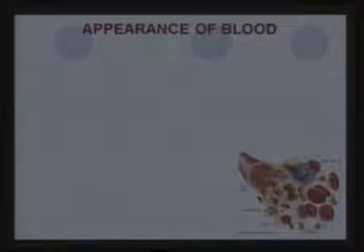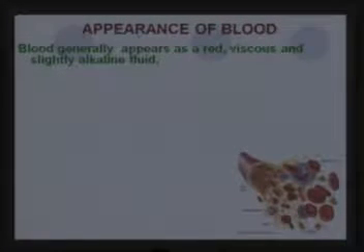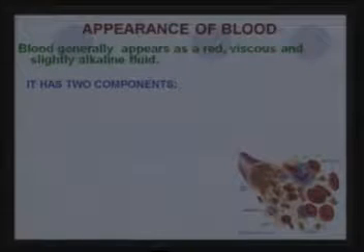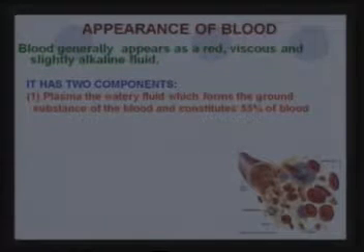If I ask you how blood looks, you would say it is red, and slightly thicker than water. That is the main characteristic and appearance of blood. And it is slightly alkaline, which you may not know. It has a slightly basic composition. Blood is composed of 2 parts. It has the fluid part, the plasma.